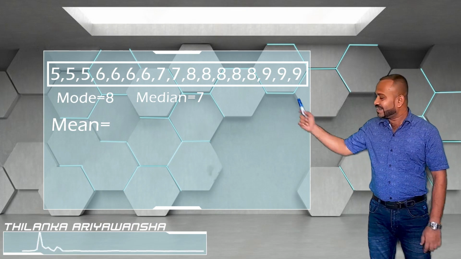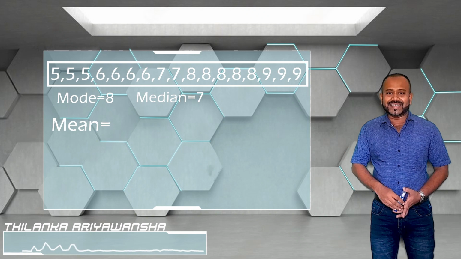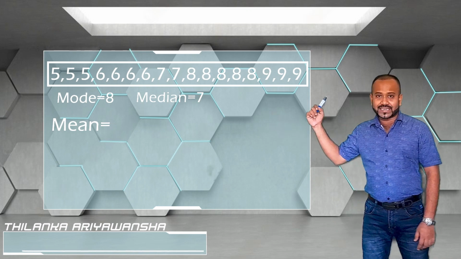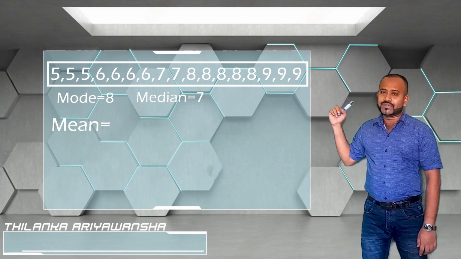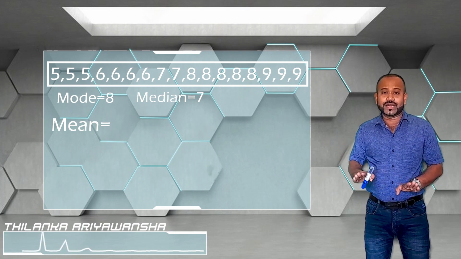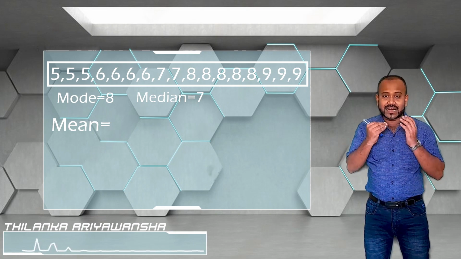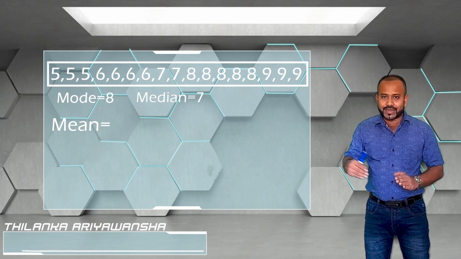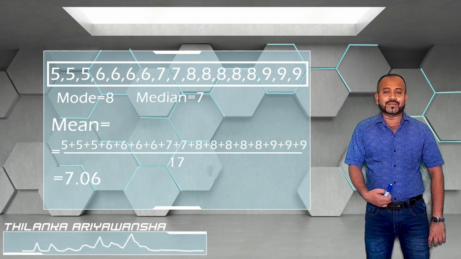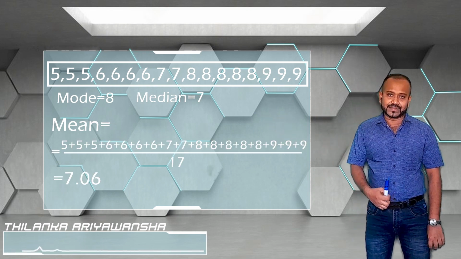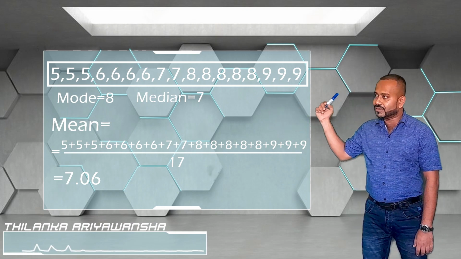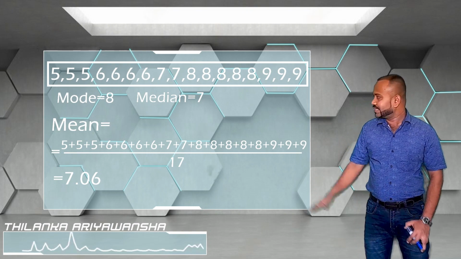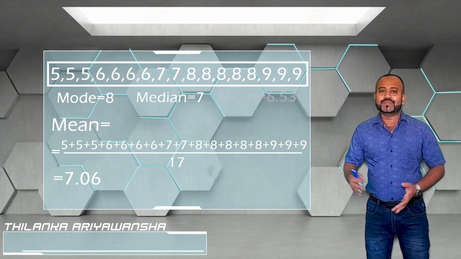Let's see how we can get the average from these marks. There are 17 values. We have to add all the values and divide by the number of values, just like teachers calculate your average in your term test. When you have 7 subjects, they add all the subjects' marks and divide by the number of subjects. Here we add all 17 values and divide by 17 to get the average. That is what we mean by mean.